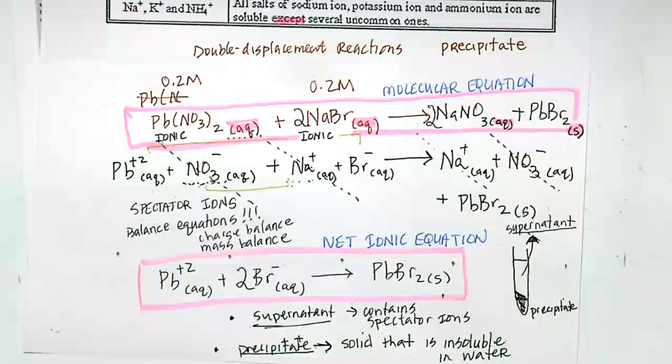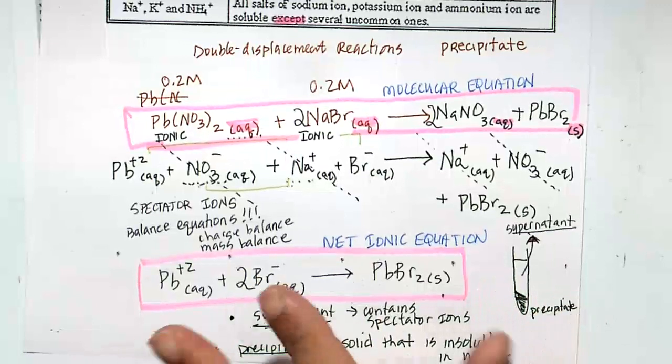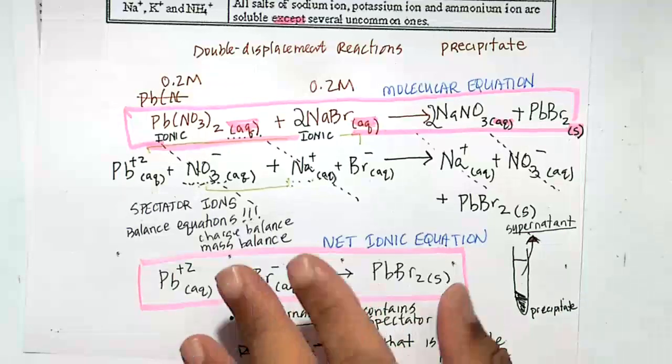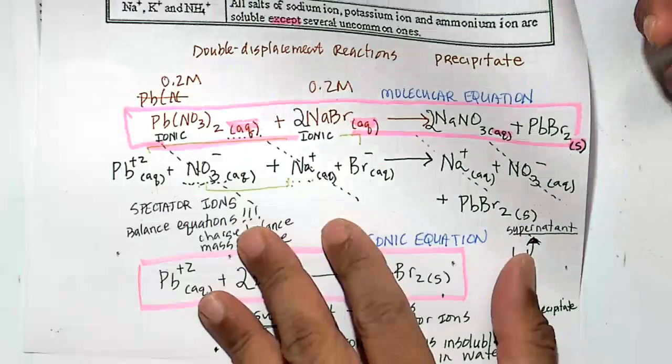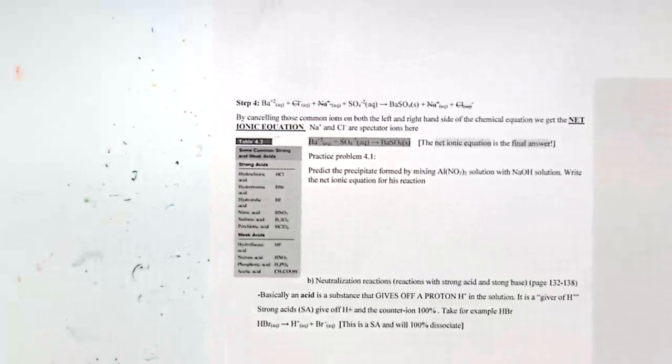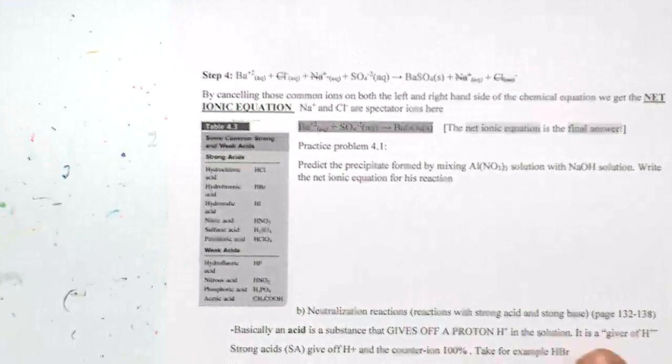All right, let's do one more example here. Are we a little bit comfortable with this? Let's do one more on page 4 of our notes. Page 4 of our notes is this.